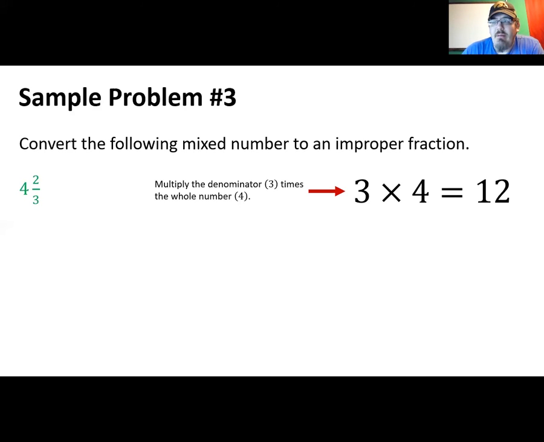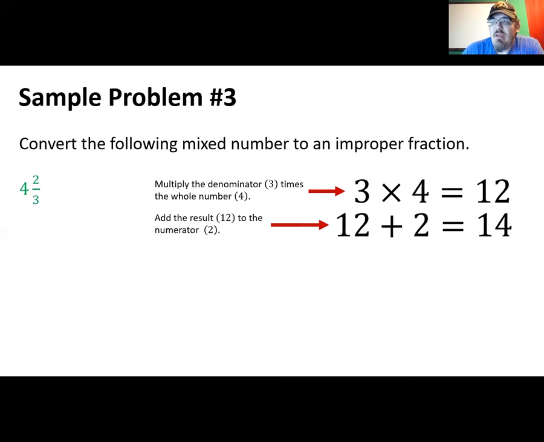Okay. Basically, the process is fairly straightforward. What you start with is you take the denominator of the fraction and you multiply it by the whole number. So 3 times 4 gets us 12. Then you add to that answer whatever the numerator of the fraction is. So we're going to take the 12 and add 2, and so we end up with 14.